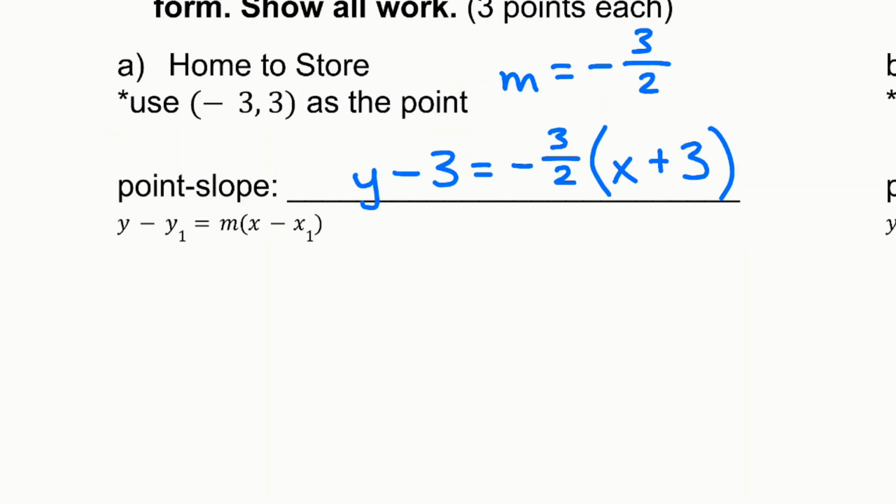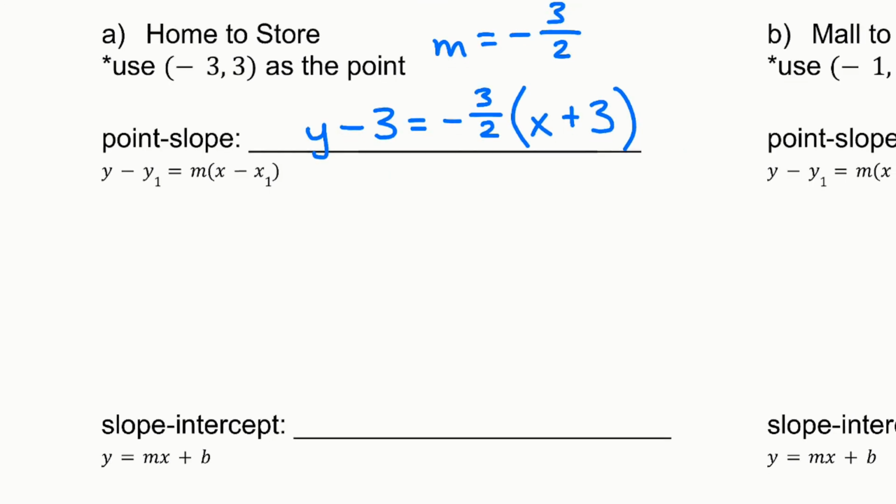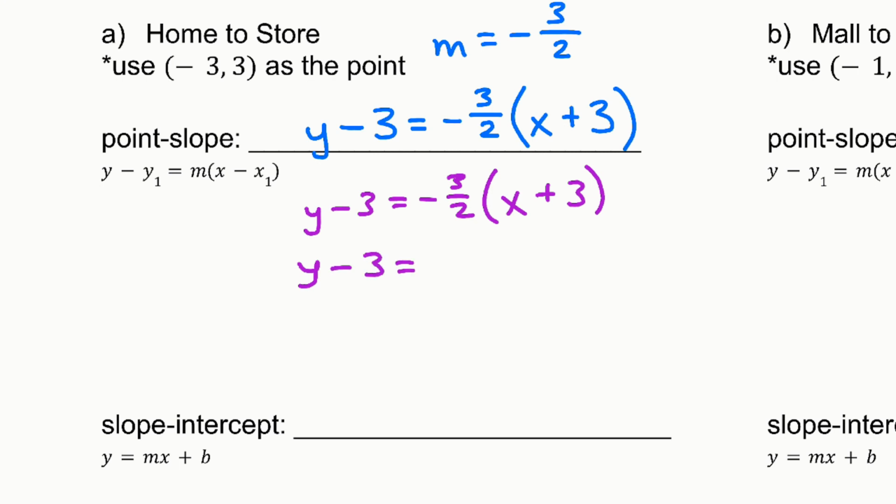All right. Now for my work, to take it from point slope to slope intercept, the first step you have to do is distribute. So I'm going to bring everything else down. The y minus 3 equals -3/2 x, and then -3/2 times a positive 3 is going to get me -9/2.